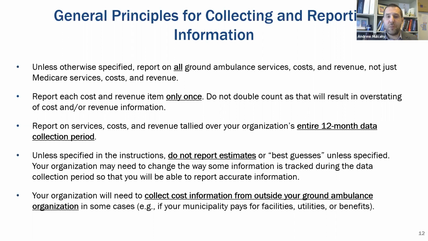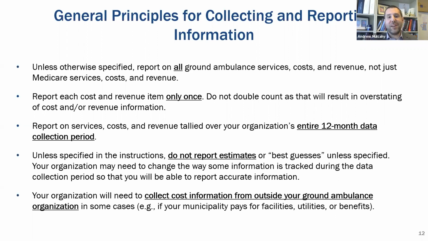Some are very large for-profit ground ambulance companies operating in many, many states under many NPIs. You have some big hospital-based delivery systems that bill Medicare separately for ground ambulance services. And then you have very small, rural, volunteer-based organizations. It really runs the gamut, as folks on the call know. And so there's some flexibility in the instructions on where to report and how to report certain things.